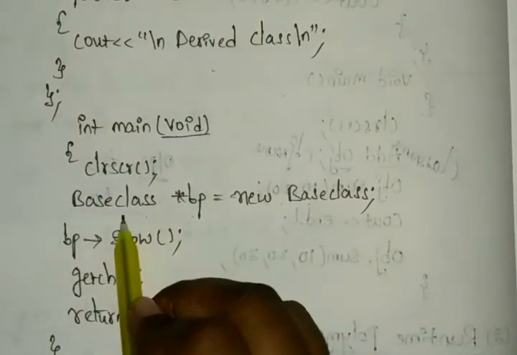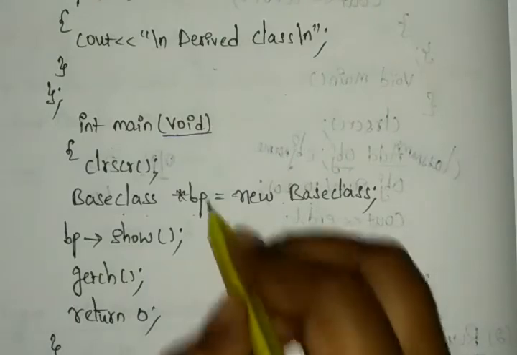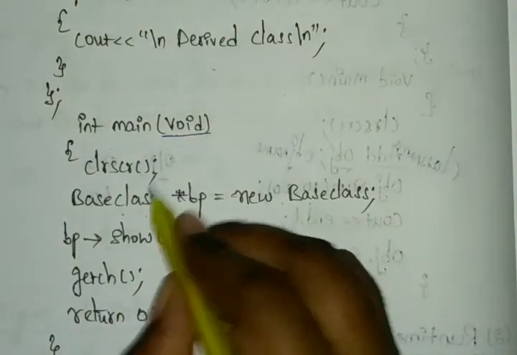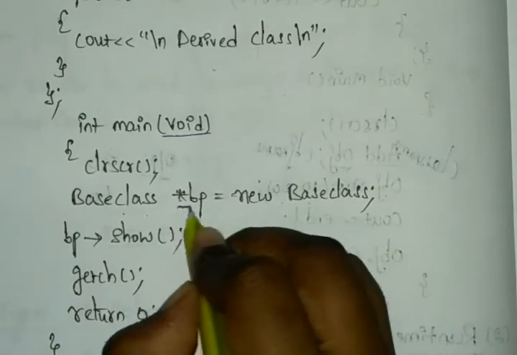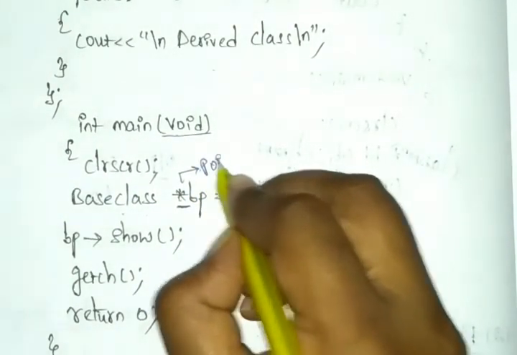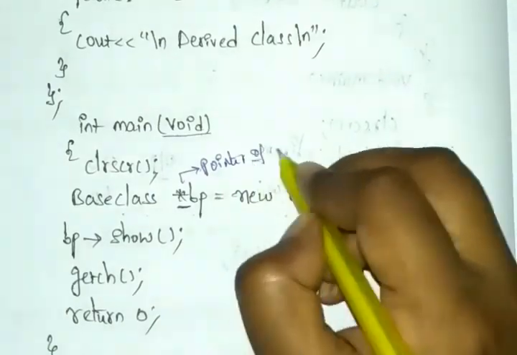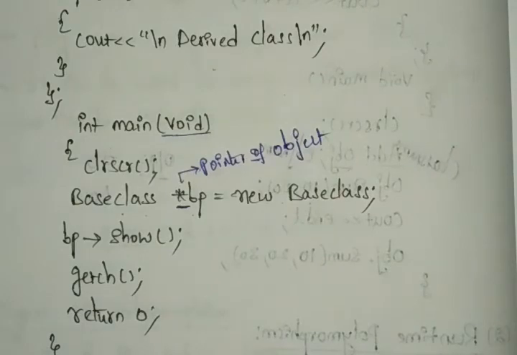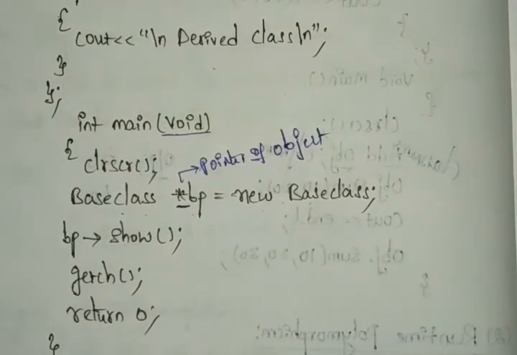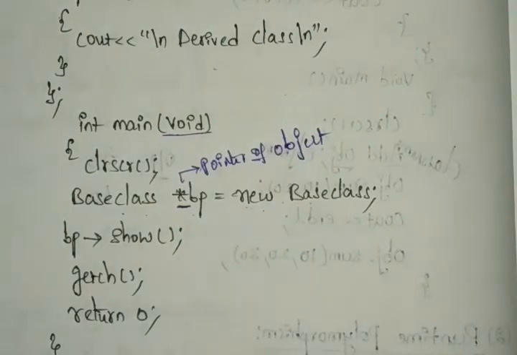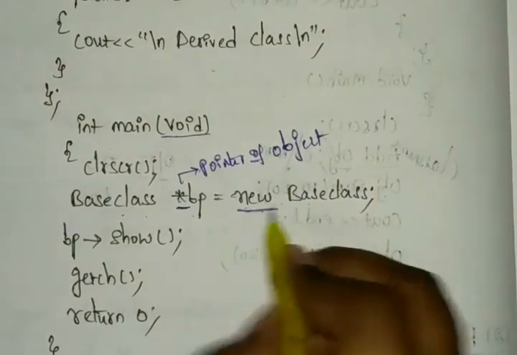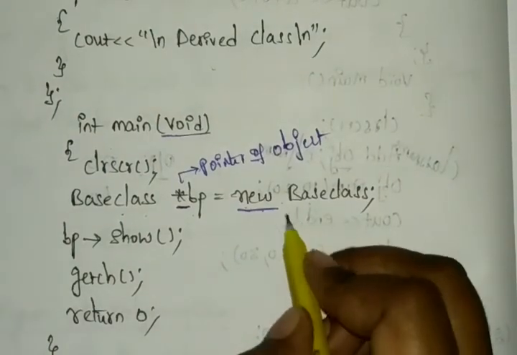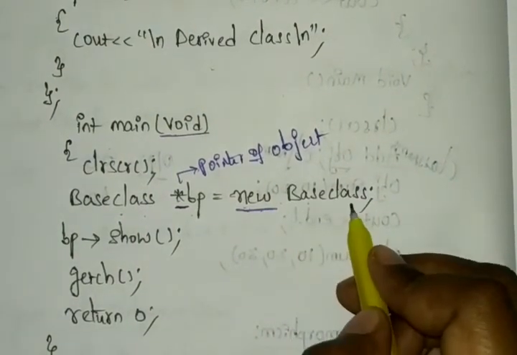So here I'm taking the base class, and its object is defined by our pointer. This is the pointer symbol, a pointer to objects. Here we created the object in the form of a pointer using the new operator, the new keyword, with the base class.